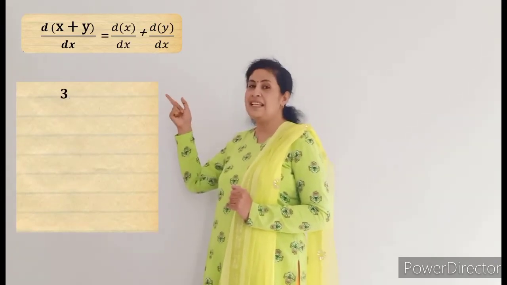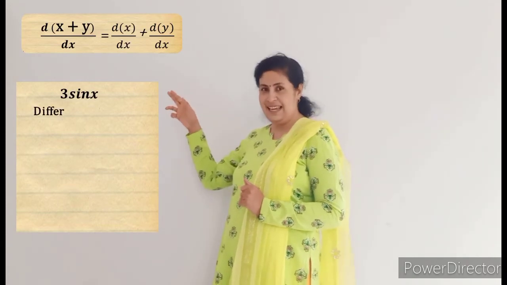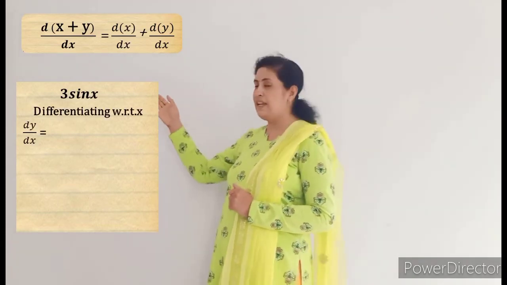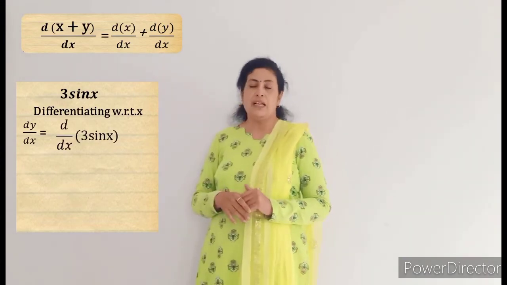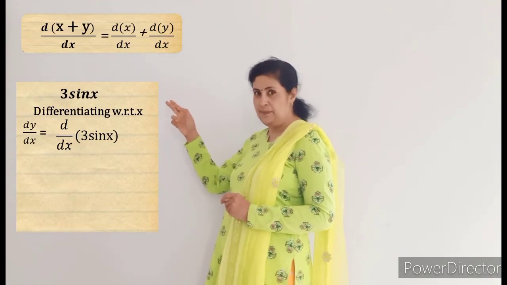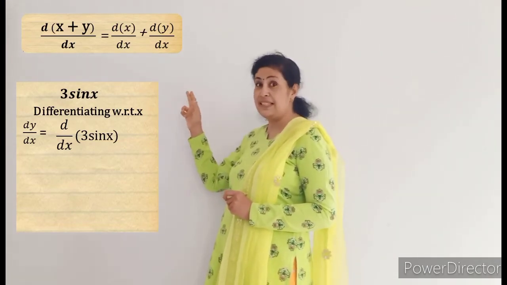Now let us see a little different function, say 3 sin x. So differentiating this, that is d by dx of 3 sin x. In such a case, what do we have to do? We can see here 3, which is a constant number, is multiplied with the function sin x.